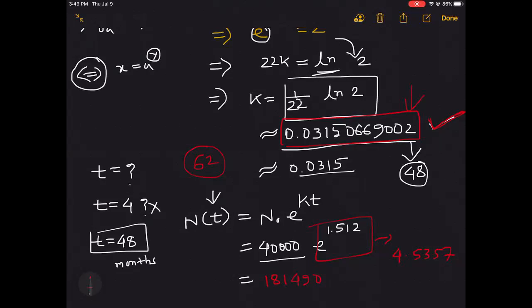Separate question. Does ln e to the x mean log e? I'm not really sure what you actually meant there. Did you mean this and log base e of e to the x? Did you mean like this?